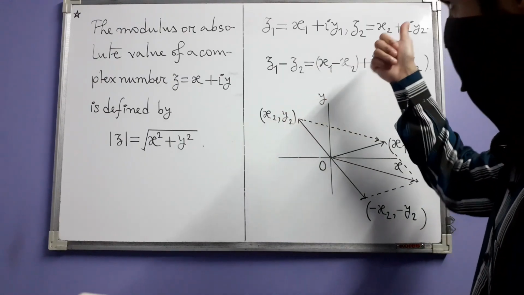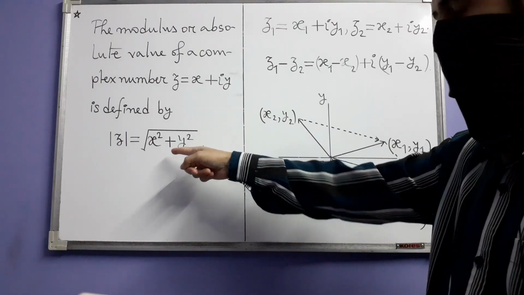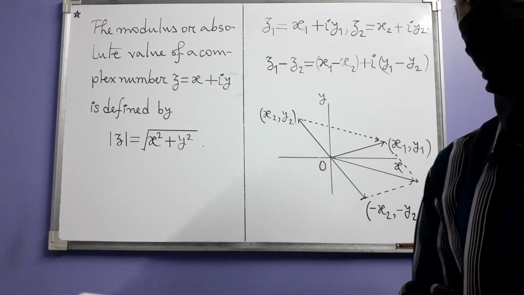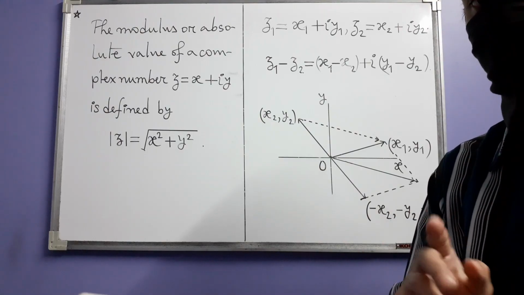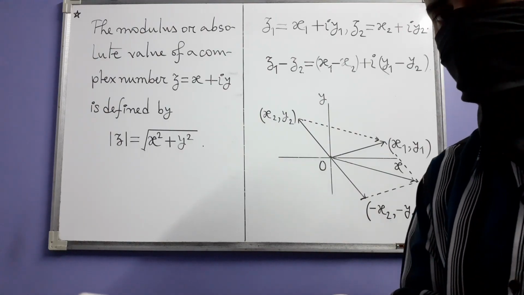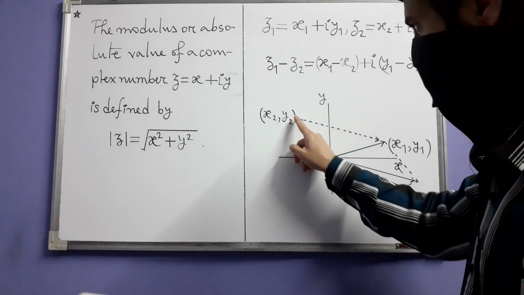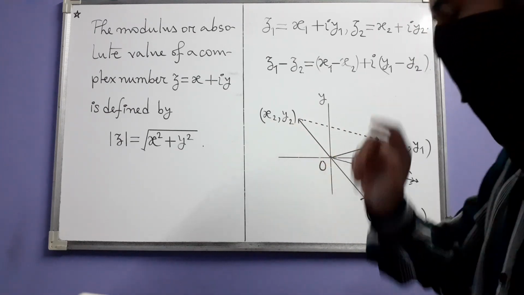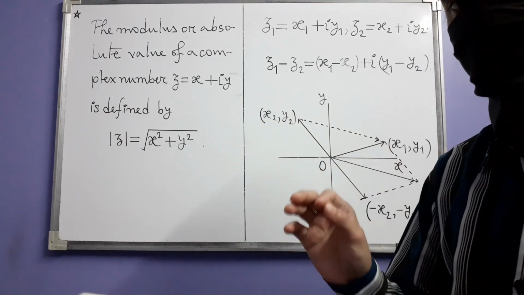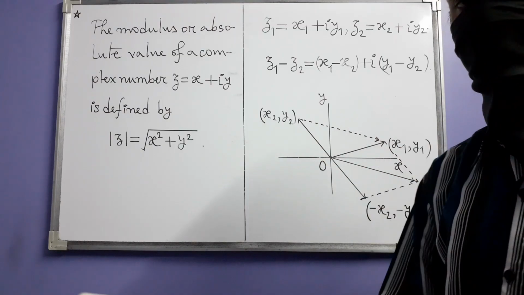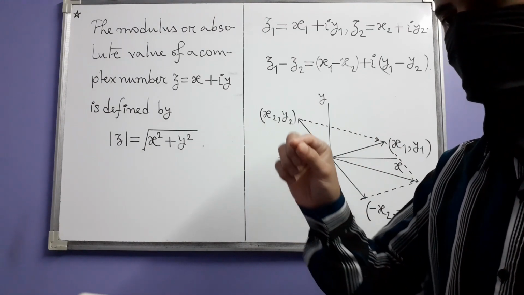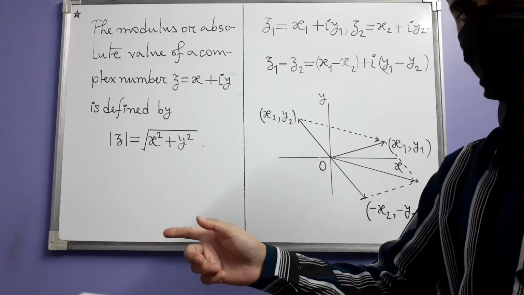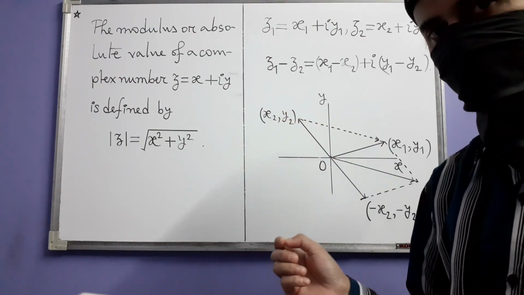So corresponding to z2, what will be this quantity? That means what is the modulus of z2? Square root of x2 square plus y2 square, which you know from your analytic geometry is the distance of the point from the origin. So that's the geometric significance of the modulus of a complex number, that it calculates the distance of the point which corresponds to the complex number from the origin.